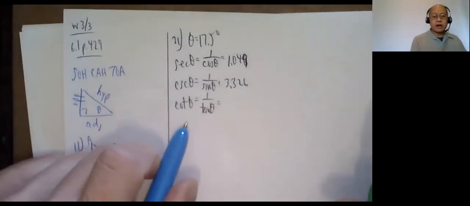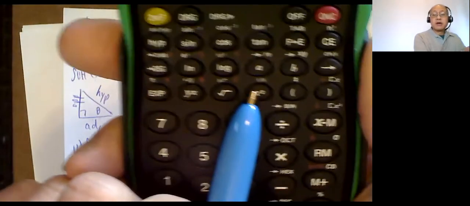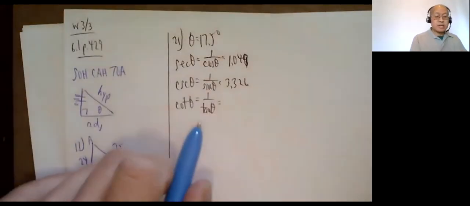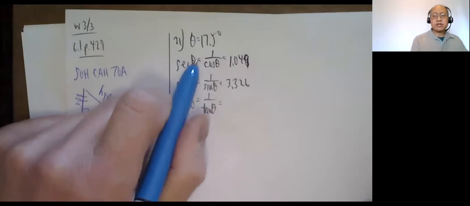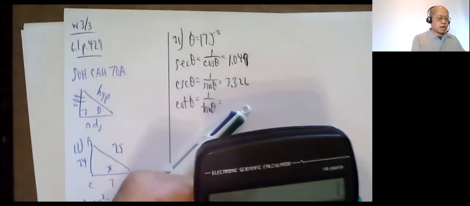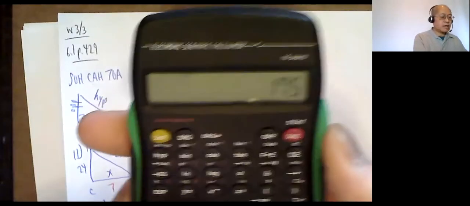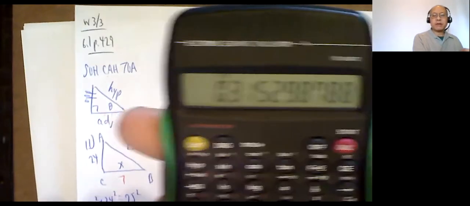All right, and how do I do it on this calculator? There's a reciprocal button, 1 over x. On my calculator, it's above the x squared. That's how I get the reciprocal. So I'll take the tangent of my theta and then hit the 1 over x button. So I want tangent of 17.5. That's a little bit tricky on this type of calculator, the backwards calculator. 17.5, and then tangent. 0.315, and so on.